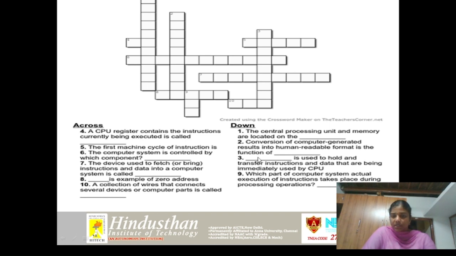The second question: conversion of computer generated results into human readable format is a function of dash, and dash is used to hold and transfer instructions and data that are being immediately used by the CPU. That will be the third question. The fourth one: the CPU register that contains the instruction currently being executed is called dash. You can review these questions.